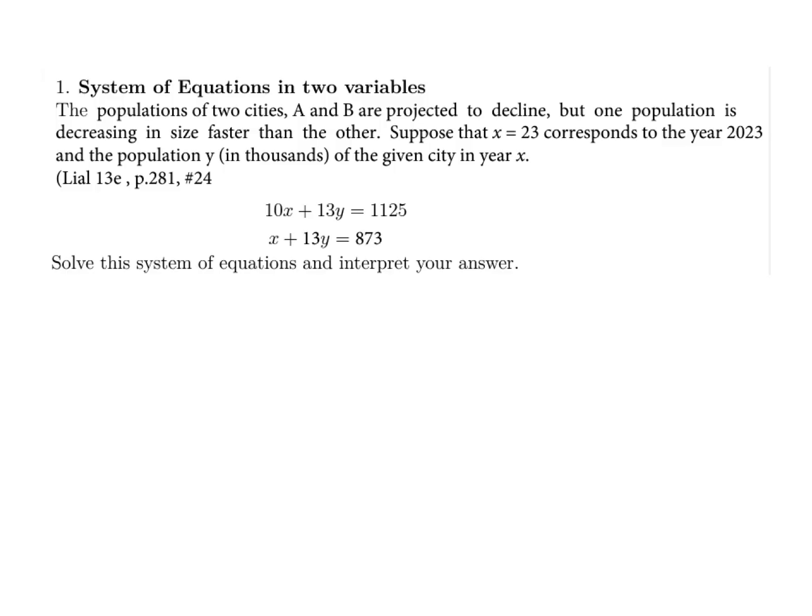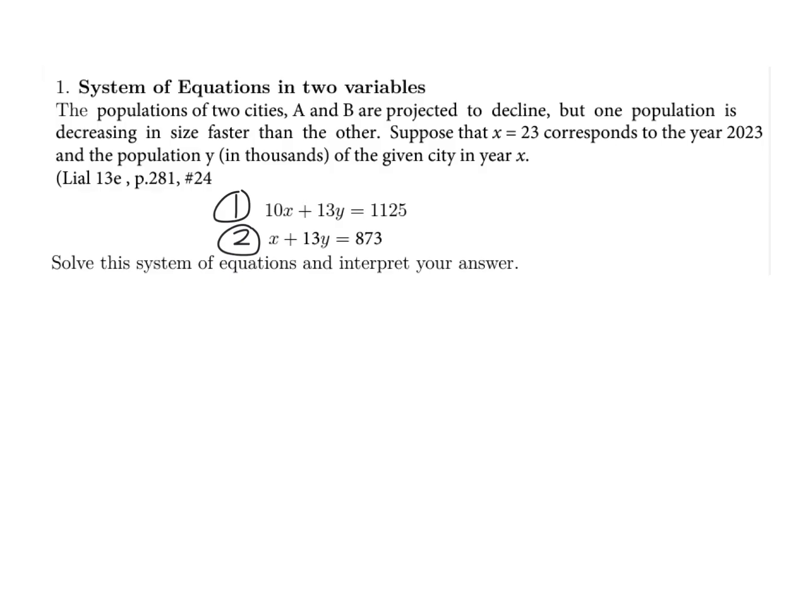So again, in order to determine if we're going to be using elimination or substitution, I would look at the coefficients, the numbers in front of each of the variables, to see if they come from a factor or multiple of the coefficient in the other equation. I would look at 10x in the first equation and 1x in the second equation, and say, yeah, they're related by a factor of 10.